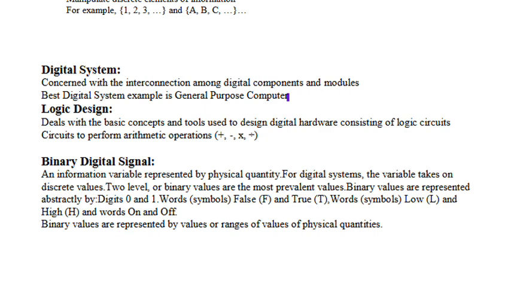Two levels, or binary values, are the most prevalent. Binary values may be represented by the digits 0 and 1, or by symbols like false F and true T, or low L and high H, or on and off.